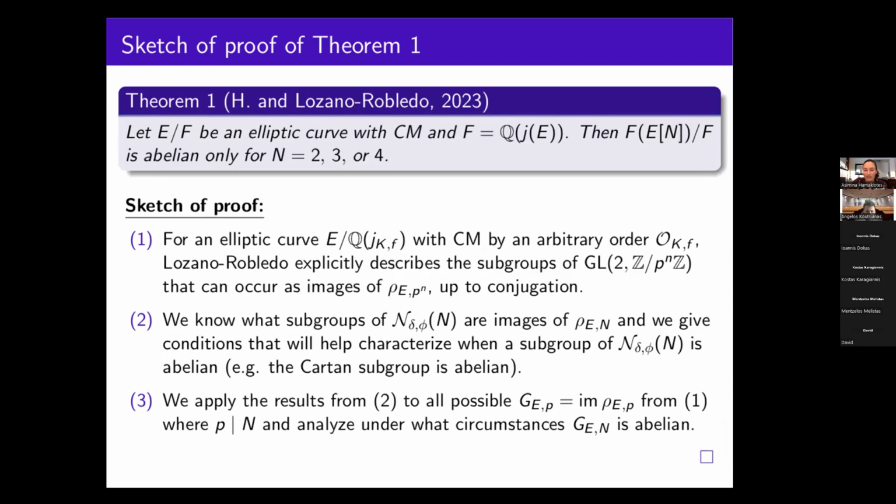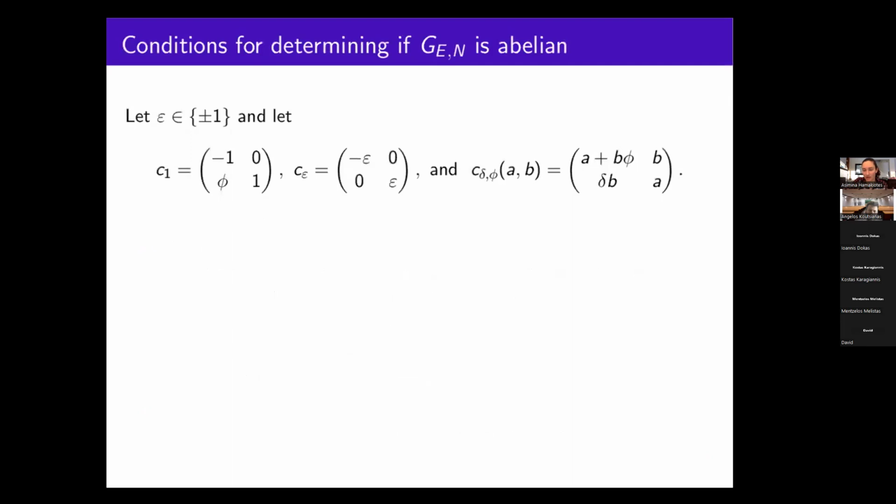Then we can apply these conditions to all of the possible images for G_E,p^n, where p are the primes that divide N, and analyze under what circumstances we get that G_E,N is abelian. So I realize this might be kind of vague, so I have an example of a condition, and we can check that an image is abelian or not.